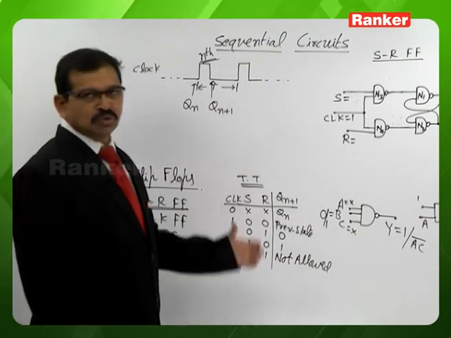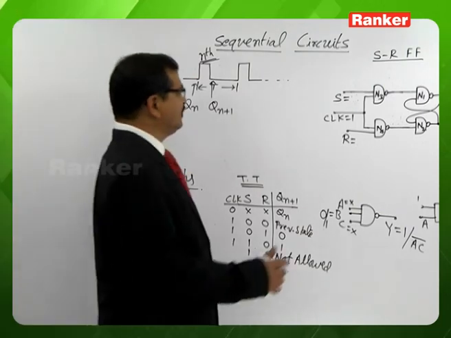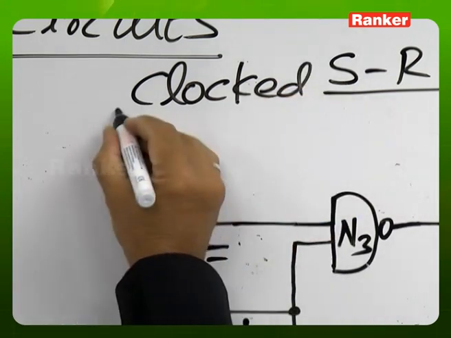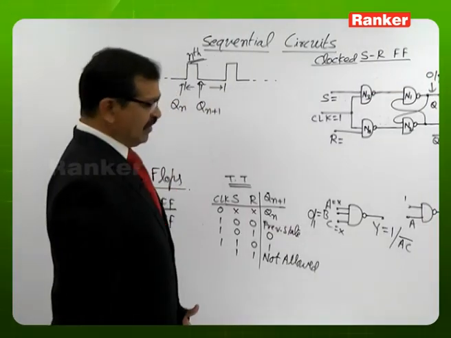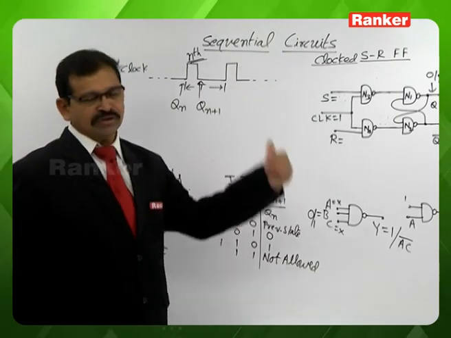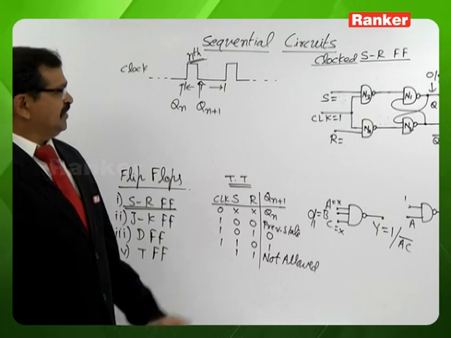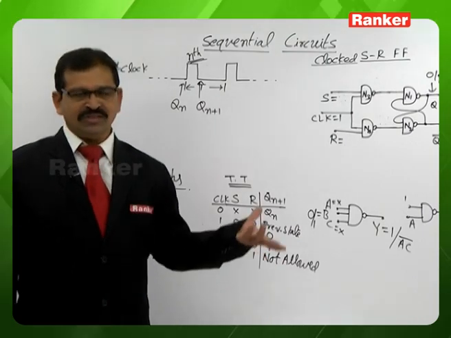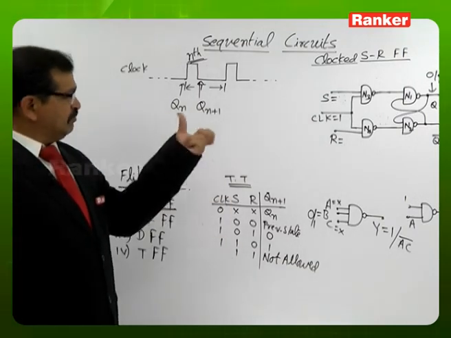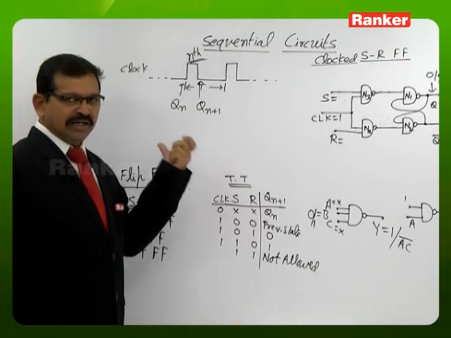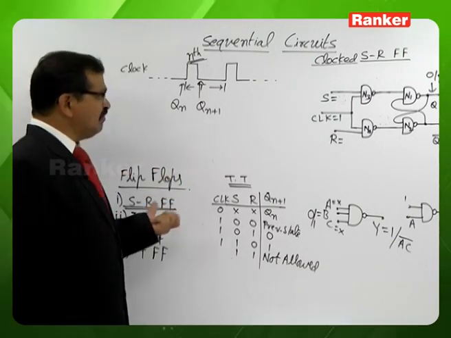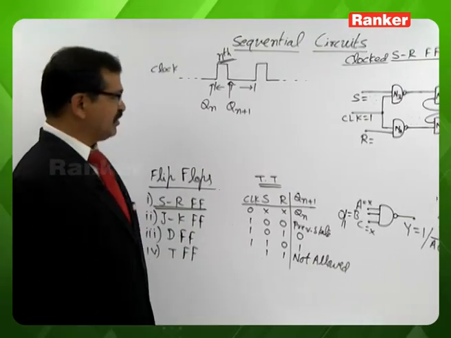This modified circuit, to distinguish it from the earlier SR flip-flop, we are naming as the clocked SR flip-flop. In fact, all sequential circuit operation is with respect to a clock signal. All the flip-flops which are practically available are with a clock only. One other way to distinguish between the binary latch and the flip-flop is that the flip-flop always has a clock signal, whereas the binary latch does not.